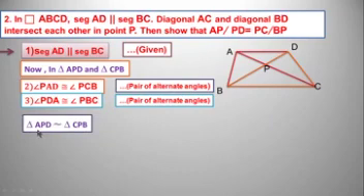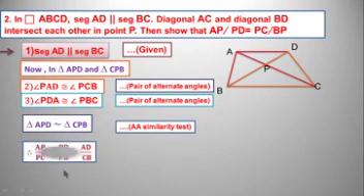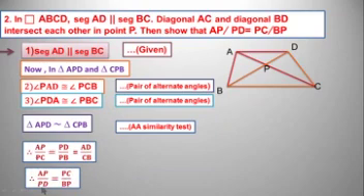Therefore triangle APD is similar to triangle CPB, AA similarity test. Therefore AP divided by PC is equal to PD divided by PB, PD divided by PB is equal to AD divided by CB, and therefore AP divided by PD is equal to PC divided by BP.